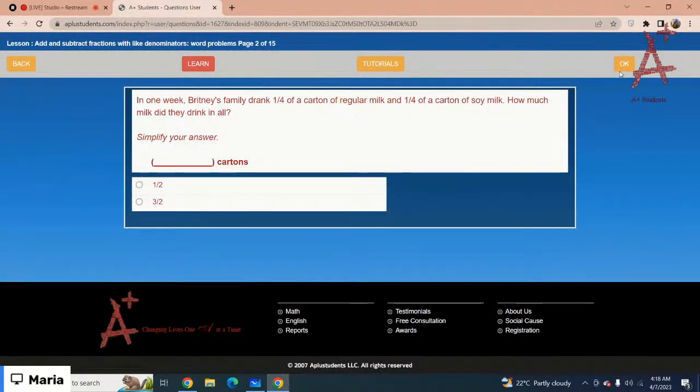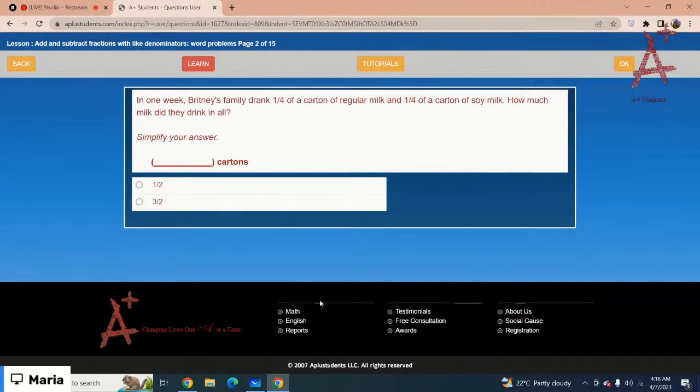Okay, the next one is, in 1 week, Brittany's family drank 1/4 of a carton of regular milk and 1/4 of a carton of soy milk. How much milk did they drink in all? So you have to calculate the total milk they drink. That means you have to add both the milks. It would be 1/4 and 1/4. Got it?